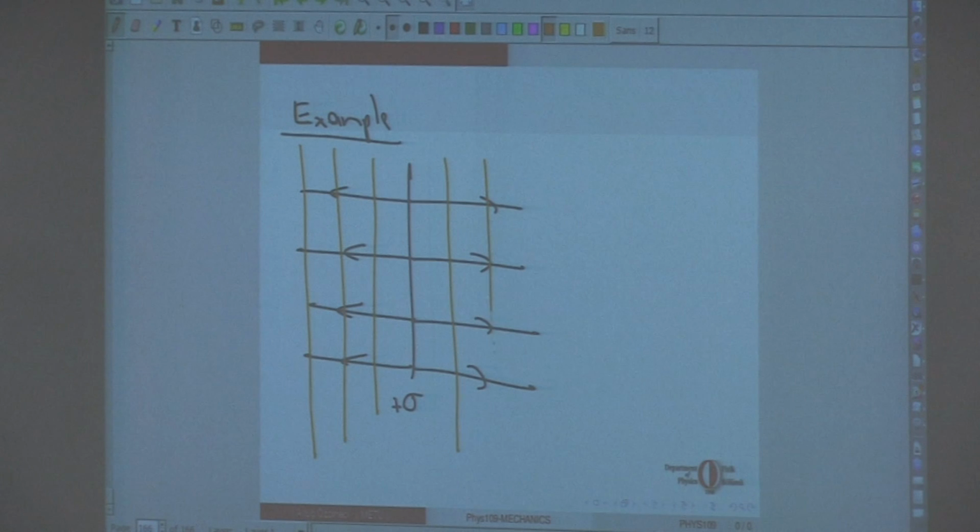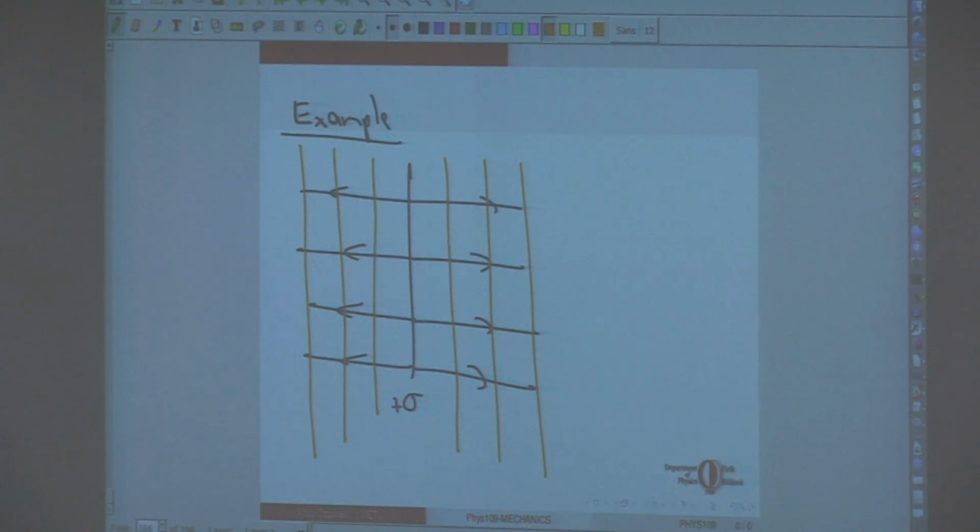These are my equipotential surfaces. And since the electric field is uniform, the equipotential surfaces should also be uniform, because we said that the density of the equipotential surfaces is proportional to the magnitude of the electric field.